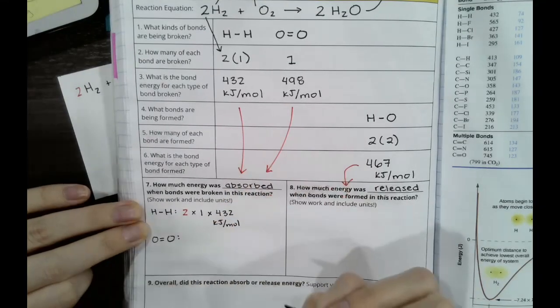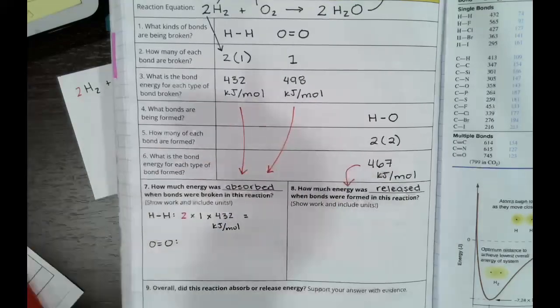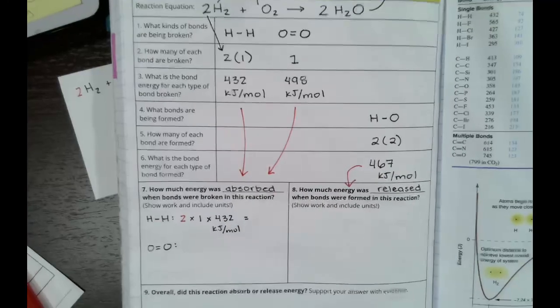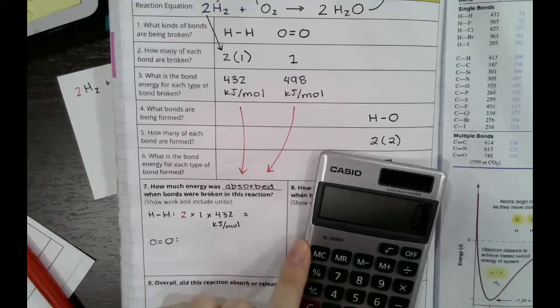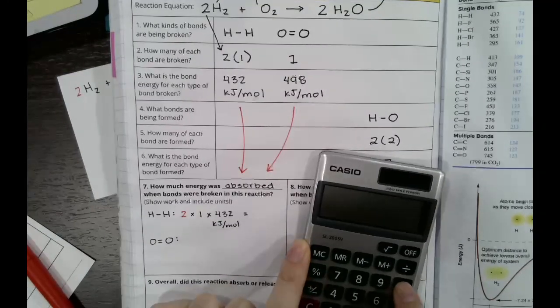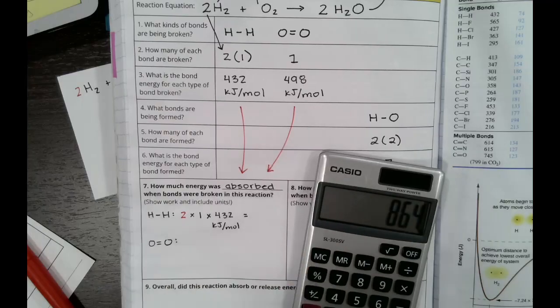Okay, we can do that math. That's pretty simple. My calculator. 2 times 1 times 432. 864.